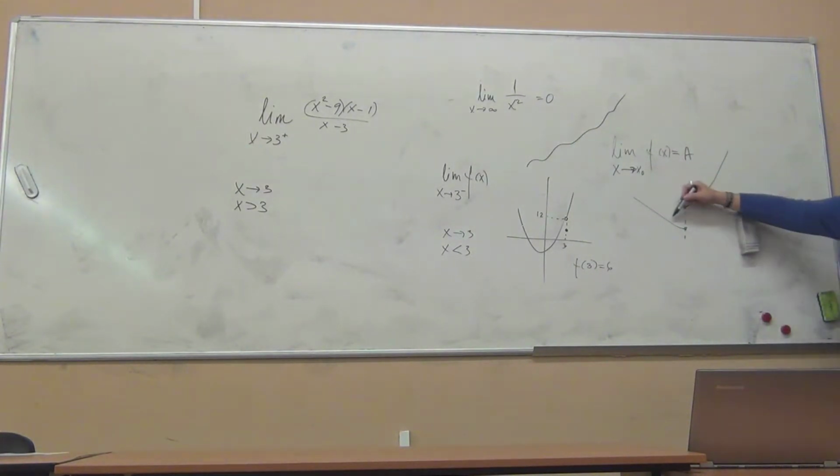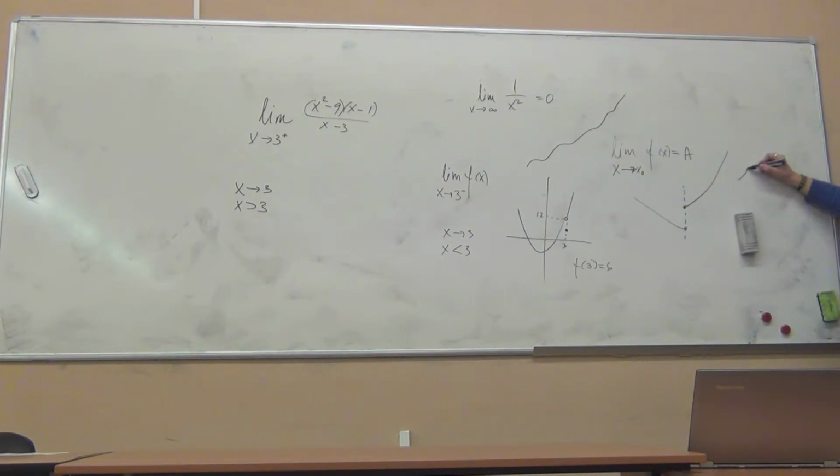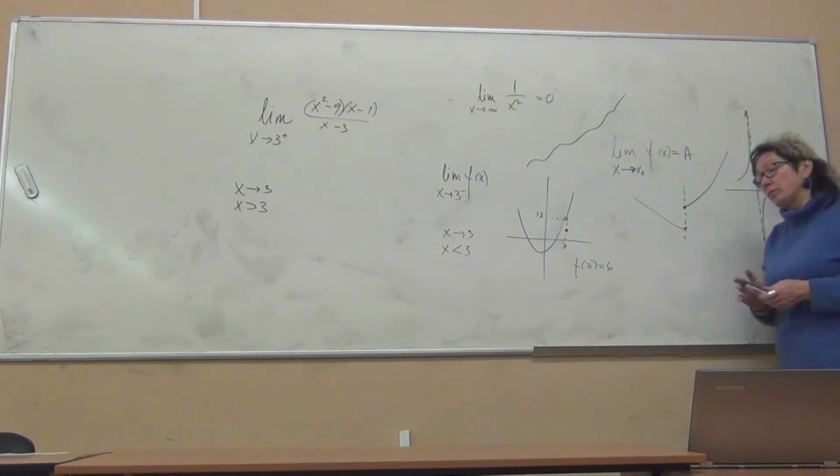It could be like this, or it could be, of course, like this, tends to infinity, tends to infinity. There are two separate branches sometimes. Can you imagine this? So hyperbolas are also discontinuous, yes.